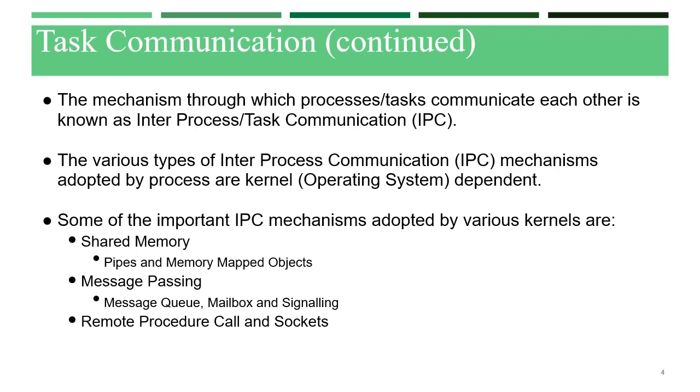The various types of inter-process communication mechanisms adopted by processes are kernel dependent. Some of the important IPC mechanisms adopted by various kernels are shared memory, message passing, remote procedure call, and sockets. We'll discuss each type of mechanism in detail.